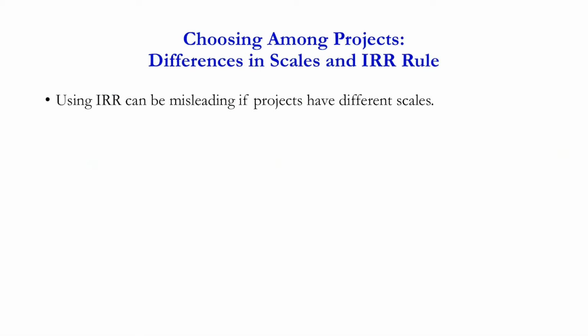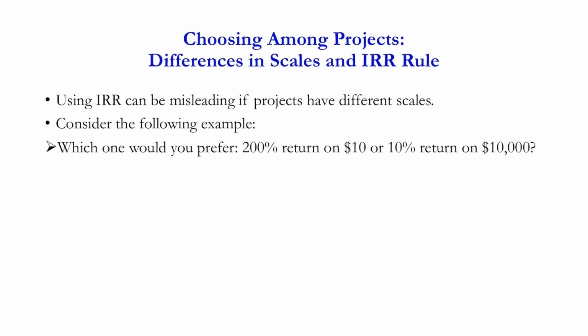What do I mean by that? One project might need a $1 million investment. The other one might need $10 million in investments. IRR usually does not work very well when there are differences in scale. Why? Let's consider this example. Which one do you prefer? 200% return on $10 or 10% return on $10,000?